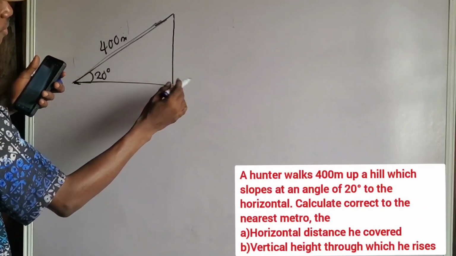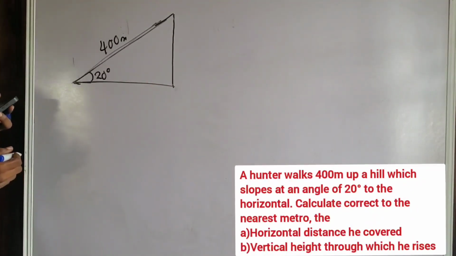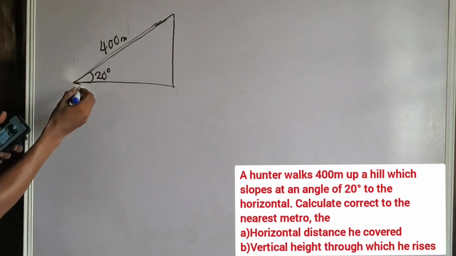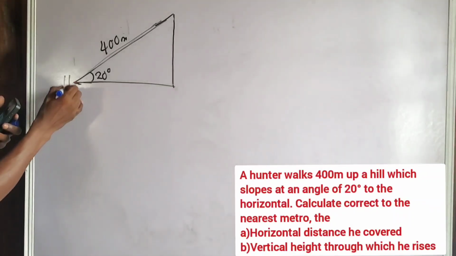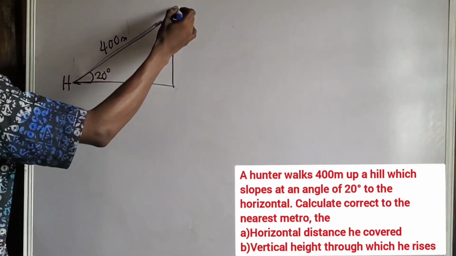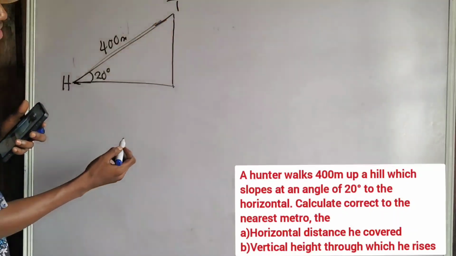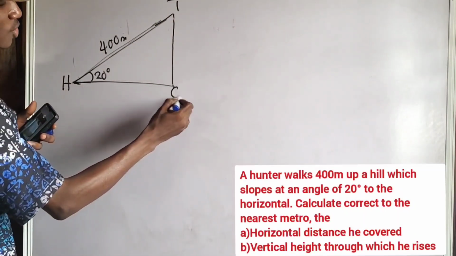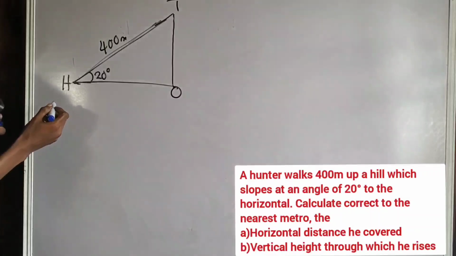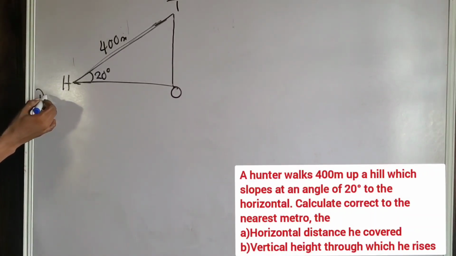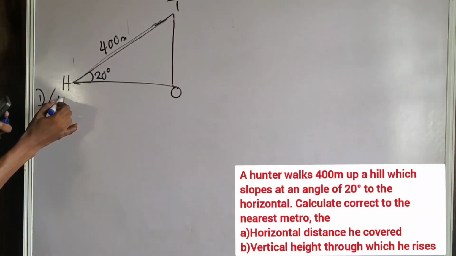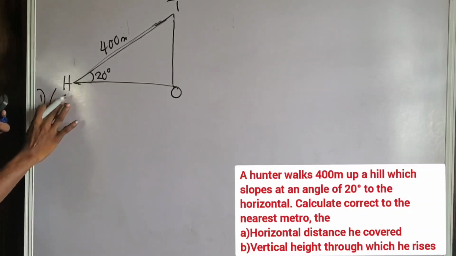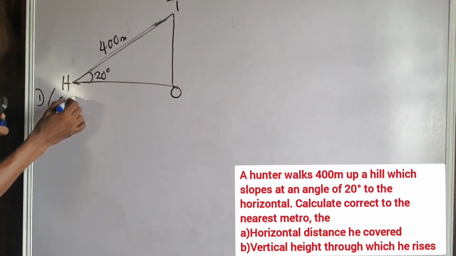Now, we are looking for two things: the horizontal distance covered and the vertical distance through which it rises. Now, listen. This is the hunter, H. This is the top of the hill. Let's call this one point O. The horizontal distance covered is line HO or line OH.